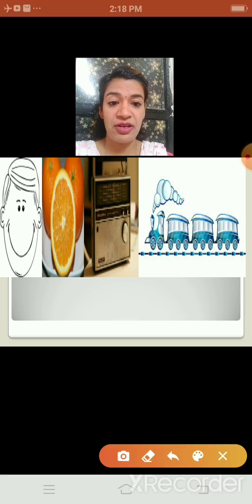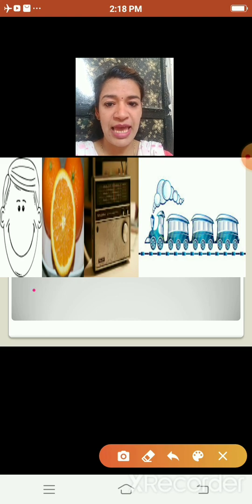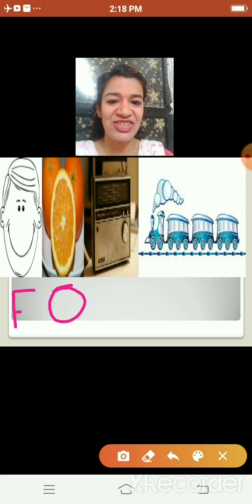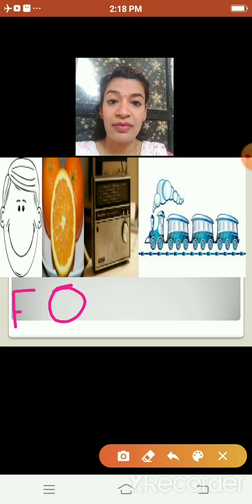The first picture. Now you have to tell me the first letter of the picture. You know, right? So the first picture is of face. F for face. And the second one, O. Orange. O for orange. And the third one, radio.